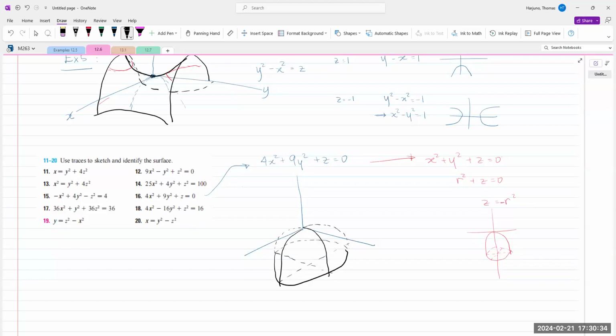Approximately like this. And let's say this is the skirt of that elliptic paraboloid, but it is facing down, center at origin.